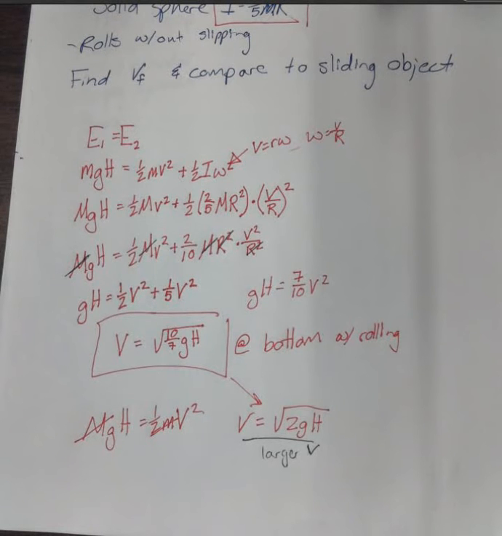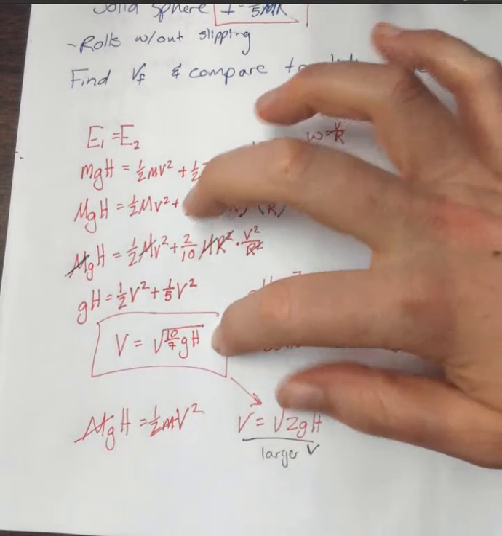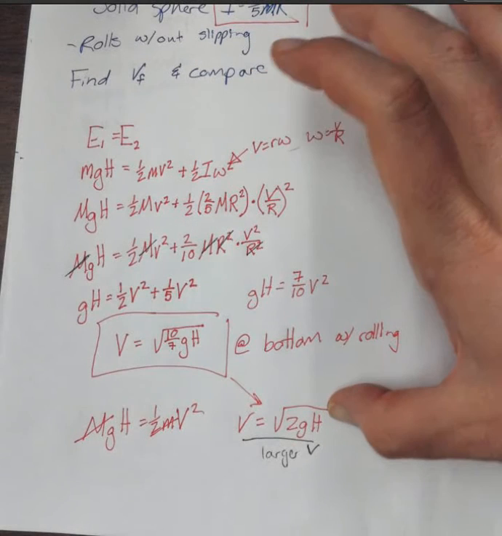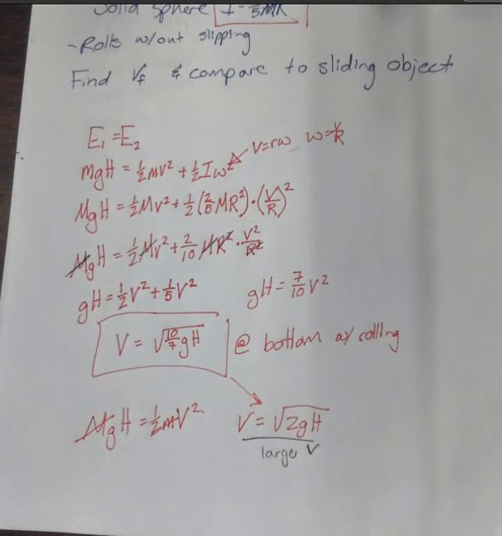So that means that the linear velocity for rolling objects will always be less than the linear velocity for sliding objects, always, when no work is done, regardless of the shape and distribution of the mass of an object.